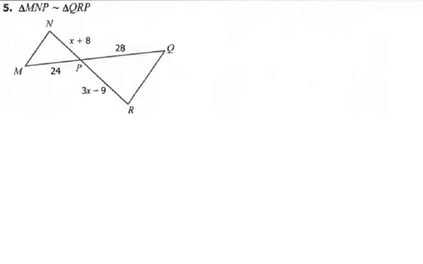On the last problem, as long as you highlight, you're going to be fine, okay? So let's look at side MP here. MP corresponds to QP. So I'm going to go ahead and highlight these in green. And then we have side NP, and NP corresponds to RP.